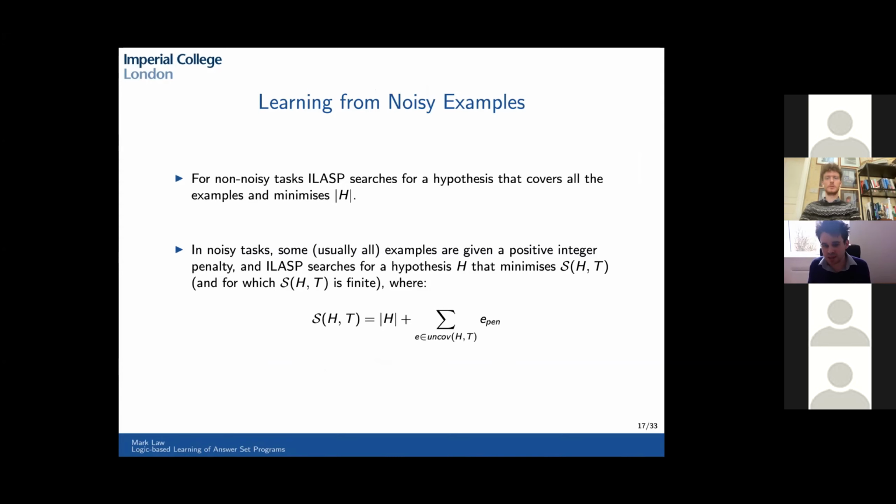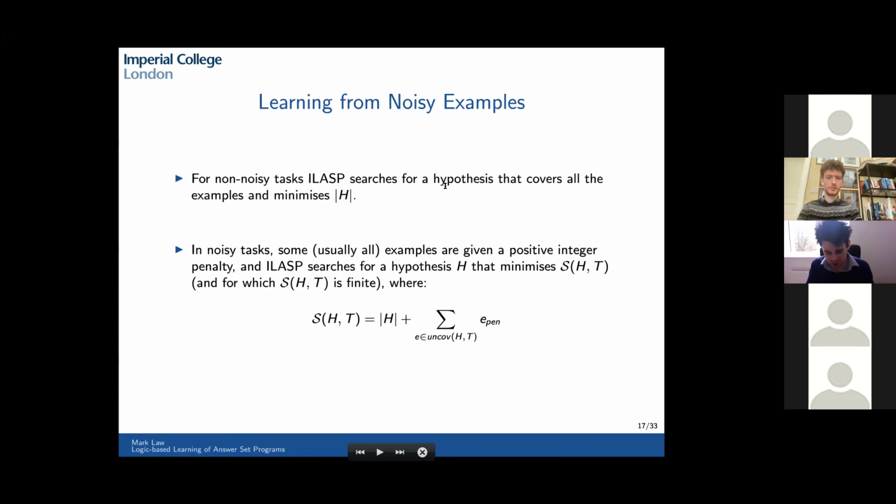In real world tasks, it may not be the case that all examples have been perfectly labeled. We may have said something's a positive example, but in fact it's a negative example. And so we may not want to be so strict about enforcing that all examples have to be covered. For non-noisy cases, what we usually do is search for a hypothesis that covers all of the examples.